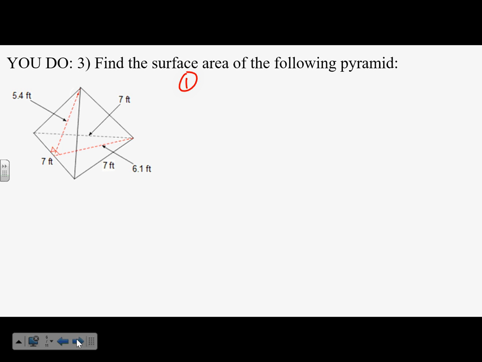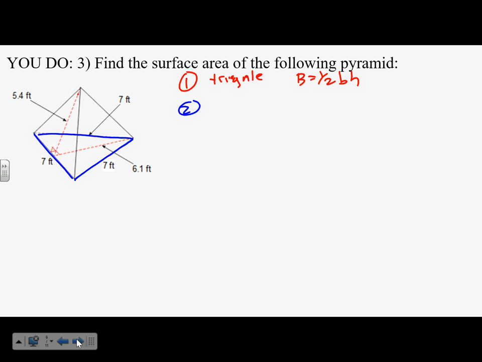The base is a triangle for this one. Spelled wrong, but that's okay. Forgot the A in there. And remember, the area of the base is 1/2 base times height. And again, realize, just like I said, the base has to be a regular triangle or an equilateral triangle, so all the sides are the same.